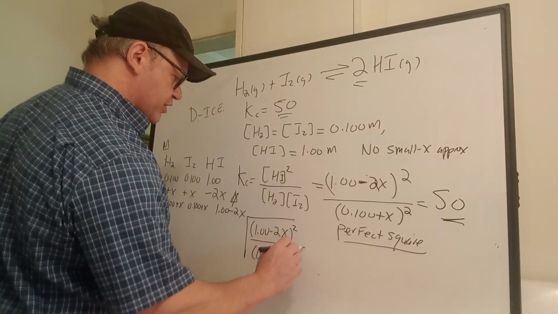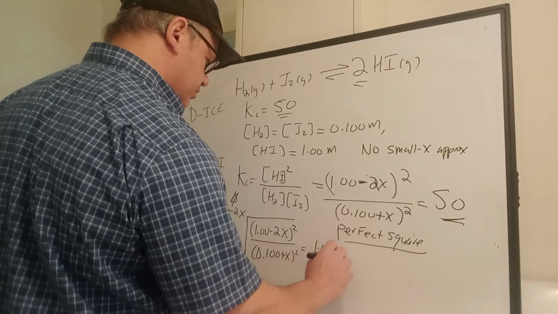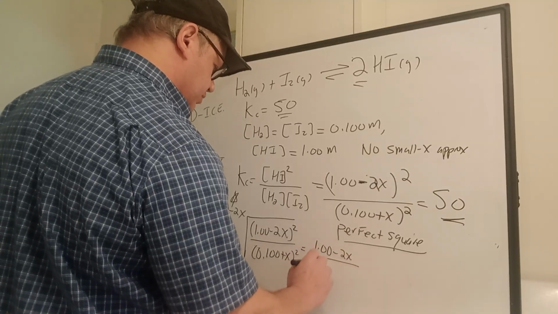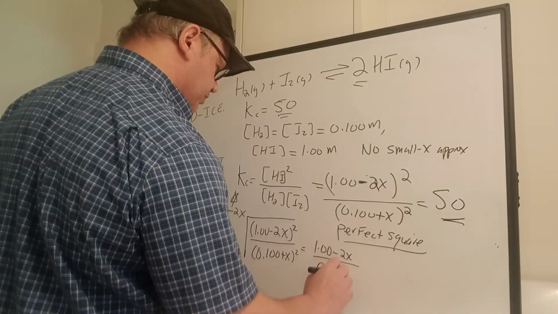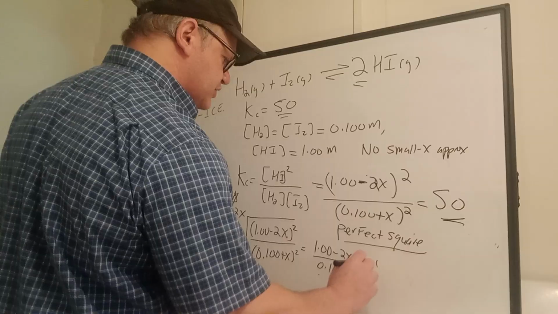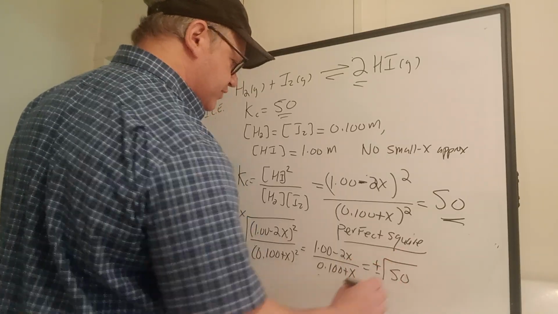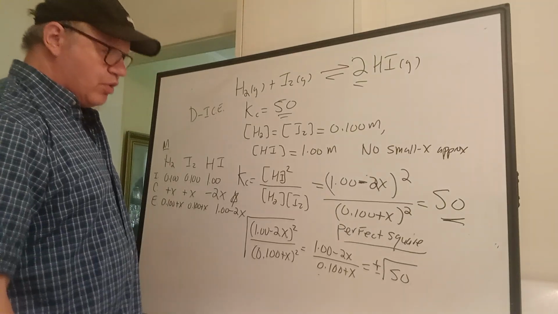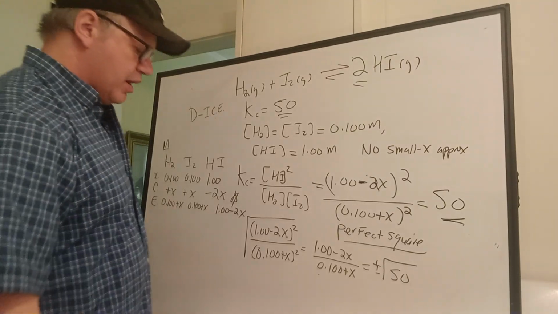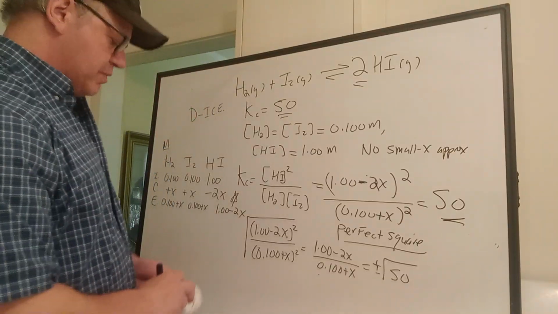Just to make sure everybody knows, this is the same as saying, there's a lot of ones here. We have that, and don't forget, this is going to be a plus or minus square root of 50. There's two roots here. One of them will be valid. So that's the setup of the math.